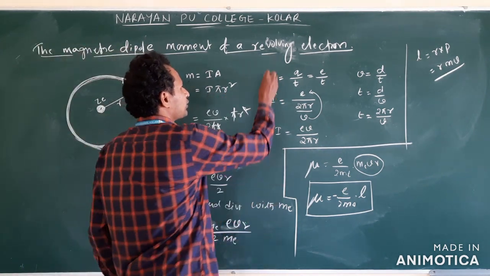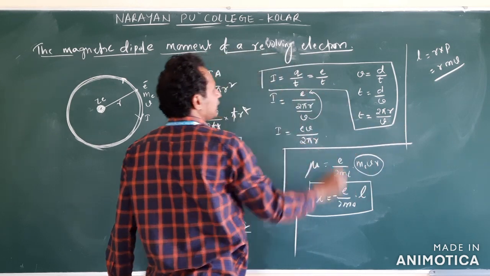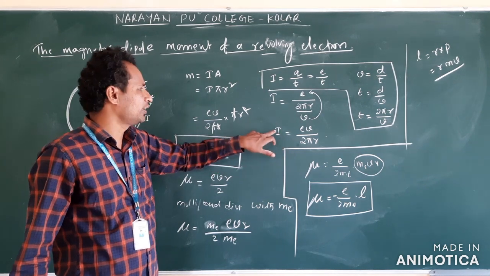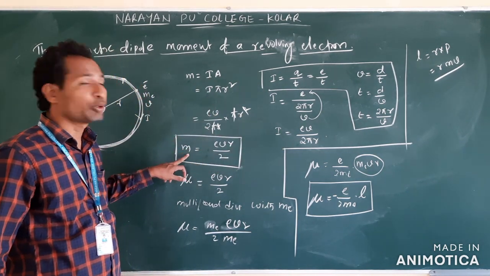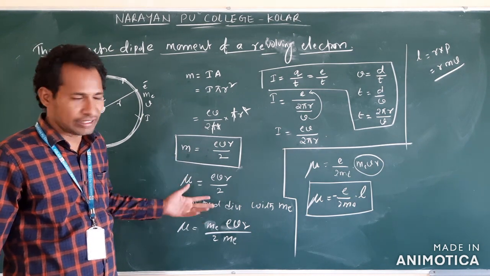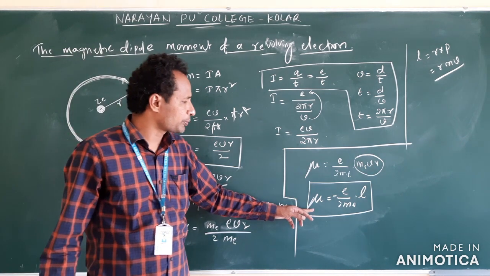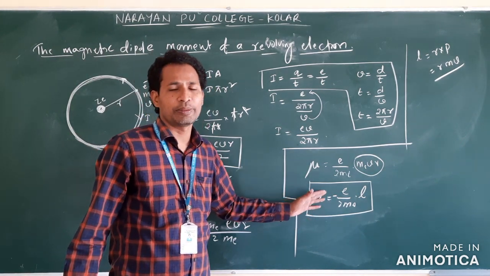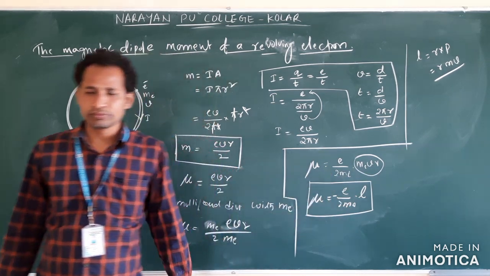Don't write all this, it is not required. You can write directly I is equal to EV by 2 pi R. Substitute that I value here and you will get EVR by 2 as the magnetic moment. If they ask for the relation, then follow this: divide, multiply and substitute. And both are opposite in direction, the magnetic moment and the angular momentum of the electron.